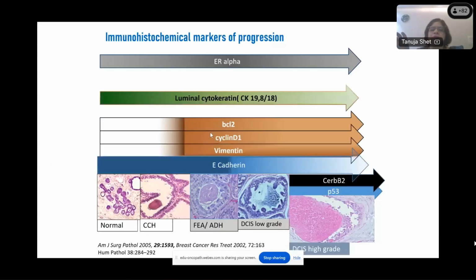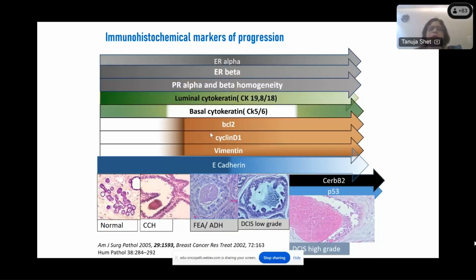If you have reduced expression of the myoepithelial and increased expression of luminal type of cytokeratin and loss of E-cadherin, you are again dealing with malignancy because that's usually a lobular. And similarly, you can use the myoepithelial cytokeratins also as a base. Now, it's very interesting that CK5/6 is not seen in the low-grade DCIS, but in the high-grade DCIS, sometimes the neoplastic cells express 5-6, so you should be aware of it.